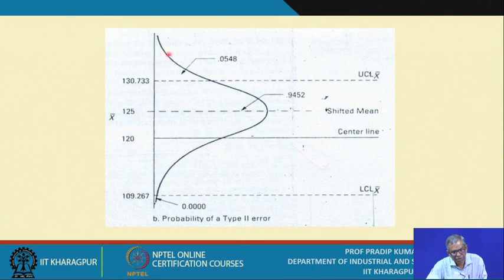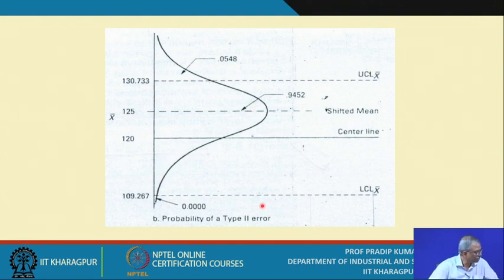This area is shown as out of control. Similarly, this area is also shown as out of control, whereas the area between this and this is still shown within the upper control limit and lower control limit. So this area you must know.